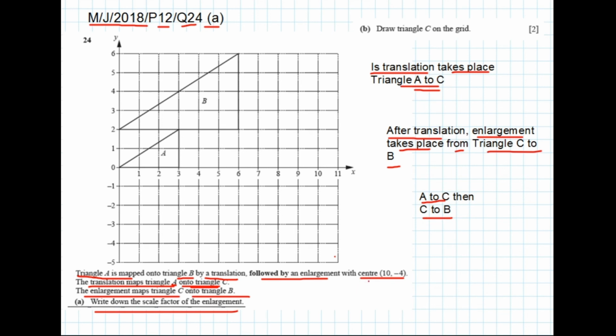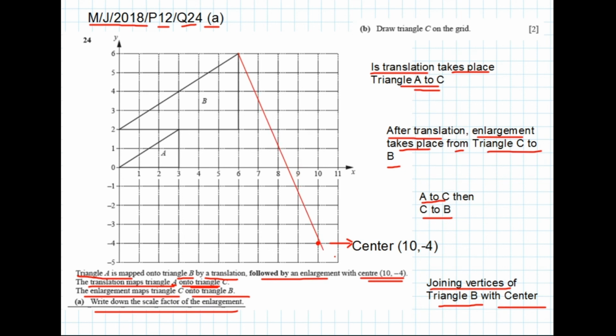First, we are going to plot the center of enlargement (10, minus 4) on the grid as shown. So joining the vertices of triangle B with the center of enlargement as shown. Now we have to locate triangle C after translation of triangle A. Since the base of triangle is 3 blocks and height is 2 blocks as shown, and it is translated.